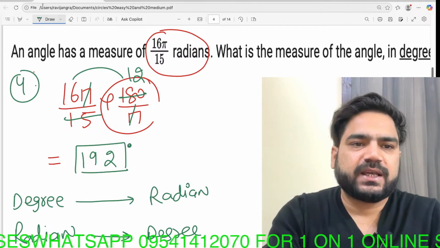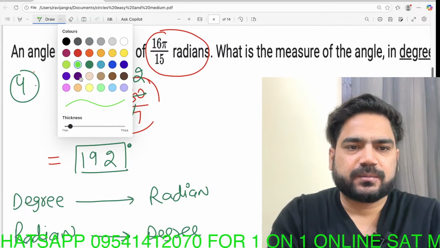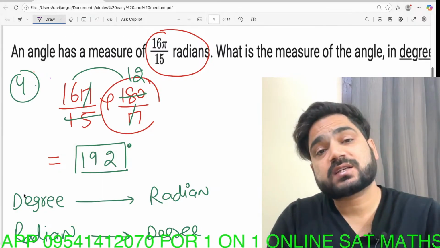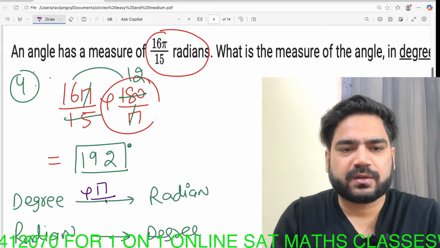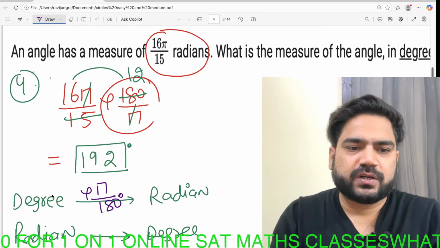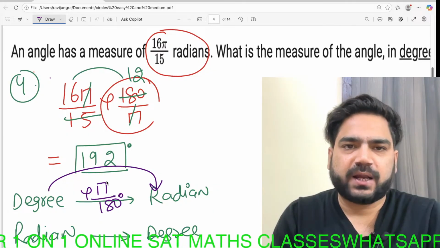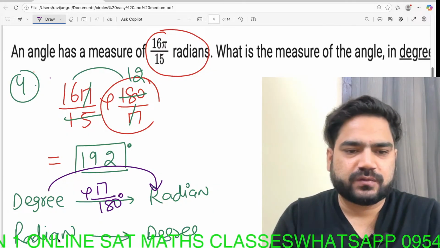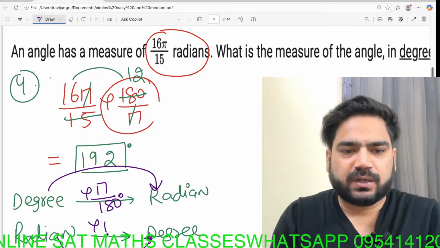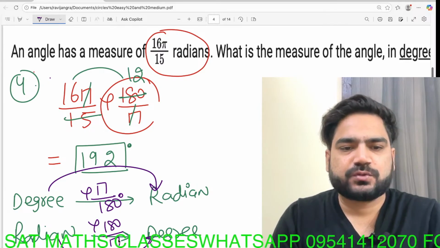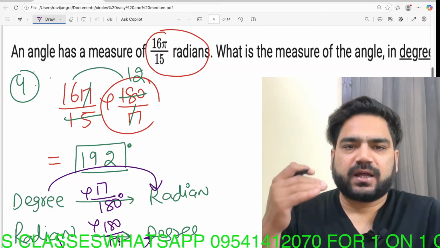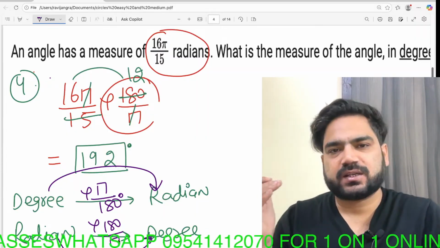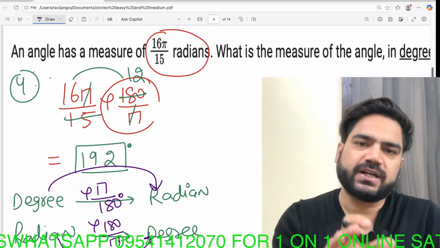So whenever they give you an angle in degrees and ask to convert it into radians, just multiply by pi by 180. To convert into radians, multiply by pi by 180, and to convert into degrees, multiply by 180 by pi. If you remember these two things, you can easily convert radian angles into degree angles and degree angles into radian angles.